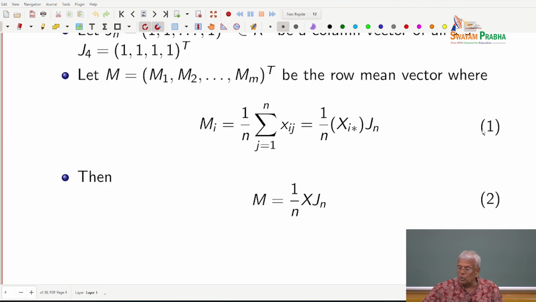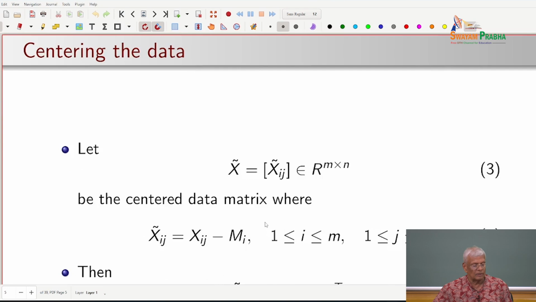So equation 1 becomes equation 2 when I go from the ith element of the column vector m to the column vector m itself. So m is equal to 1 over n times x, which is the data matrix, times Jn. So I'm trying to compute the inner product of each row with Jn and divide by n. So that gives you m, the vector of row averages.